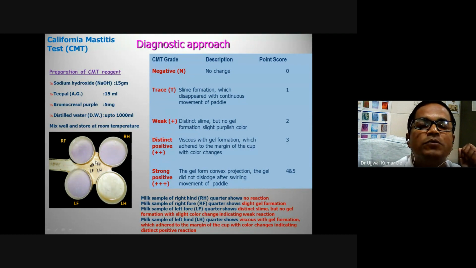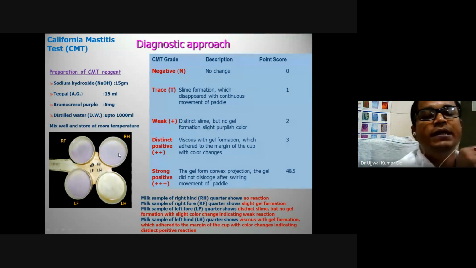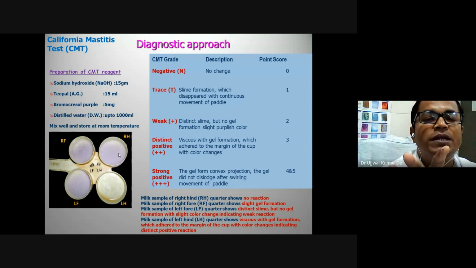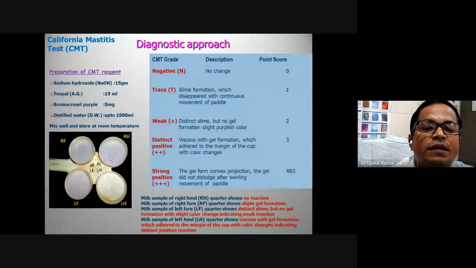So why does gel formation occur? Because when we add this reagent to the milk sample, the reaction depends on the number of somatic cells in the milk. If mastitis is severe, then more cells will be there. This type of reagent disintegrates the cell membrane, and nucleic acid material comes out and forms the gel.